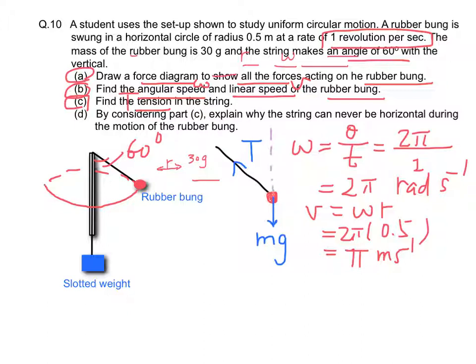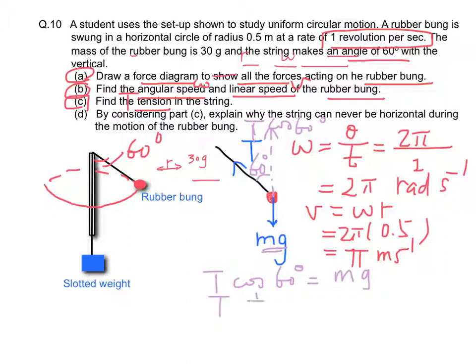Consider the vertical force acting on the rubber bug. We have the vertical component upward, T cosine 60 degrees, which balances the weight of the bug. Therefore, T cosine 60 degrees equals mg.